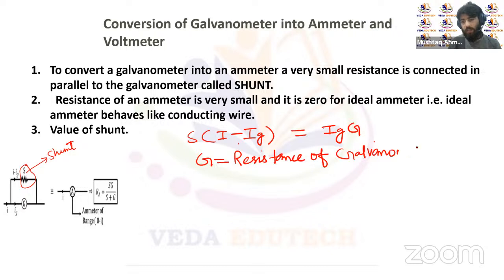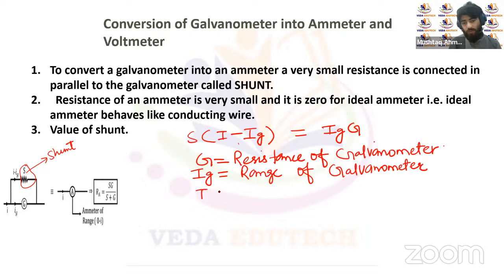IG is the current through the galvanometer, or we can say it's the range of the galvanometer. And what is this I?